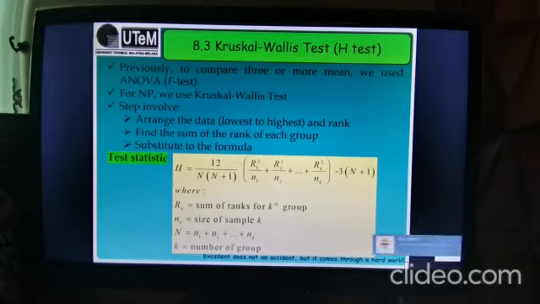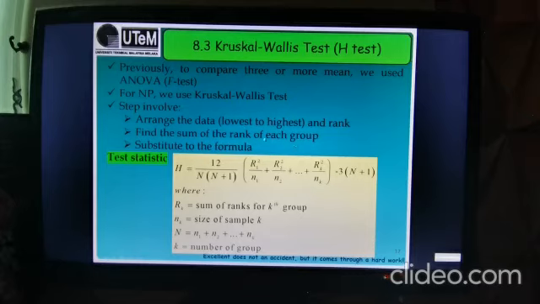for sure we have ranking here. The first step is to arrange the data into ascending order, from lowest to highest, and put the rank on the data accordingly, and then we find the sum of the rank for each group.